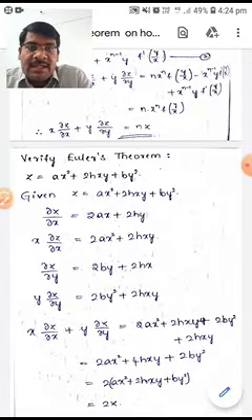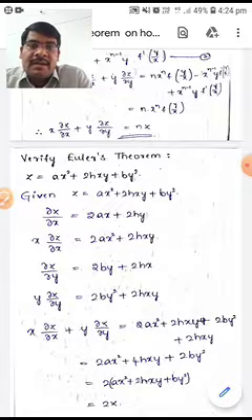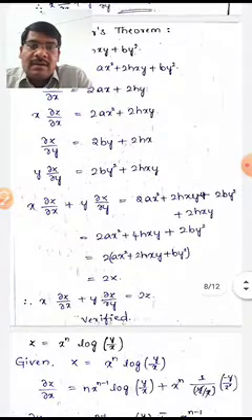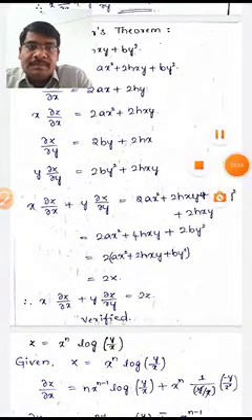The given function ax² plus 2hxy plus by² is a homogeneous function of degree 2. By Euler's theorem, x ∂z/∂x plus y ∂z/∂y is equal to 2z. Therefore the given function is verified by Euler's theorem.